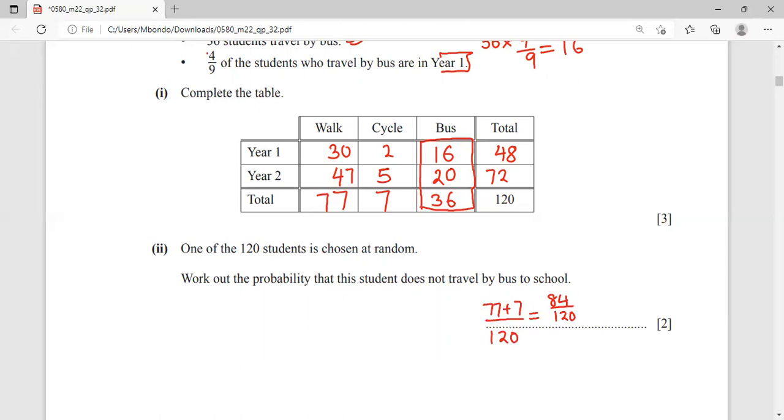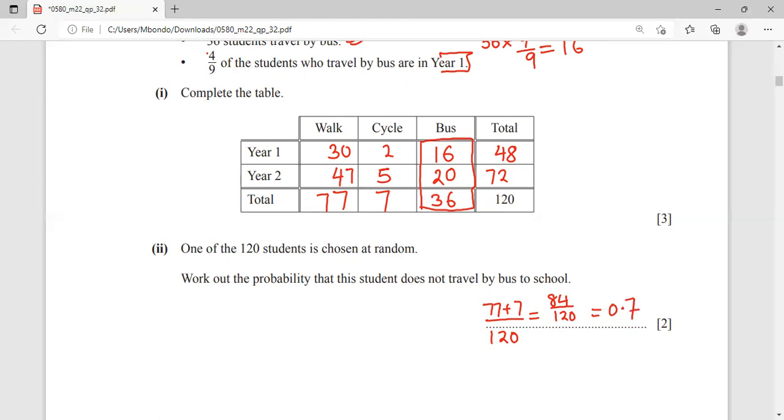All you need is to either simplify this, or if you want, you can write it as a decimal number. Either way, okay? What is important is that you have written the correct answer. So 84 divided by 120 is going to give you 0.7.